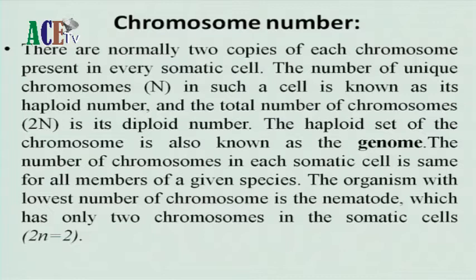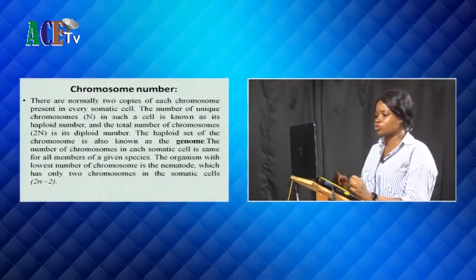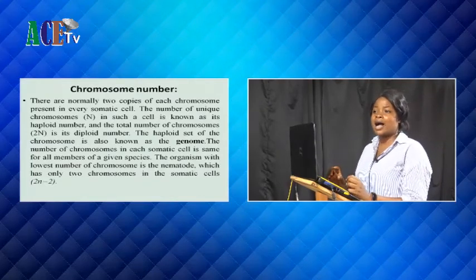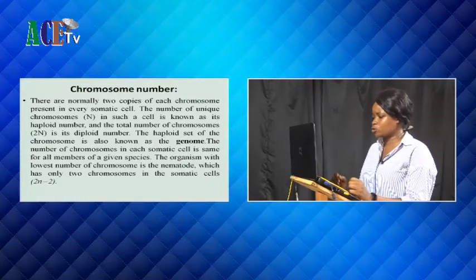So haploid is the number of unique chromosomes, and the total number of chromosomes, which is 2n, is called the diploid number. So the haploid set of chromosomes is known as the genome. Don't forget I explained the genome the other time. So the genome of an organism is the haploid set of chromosomes of that particular organism.